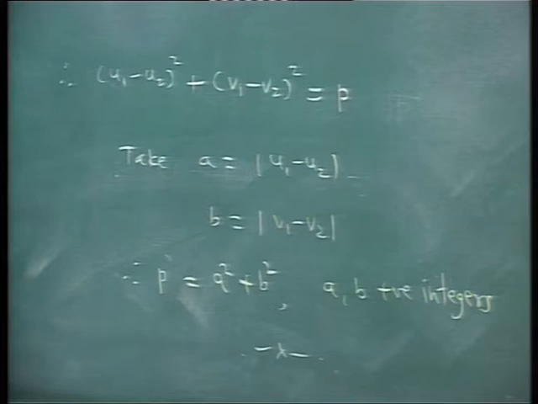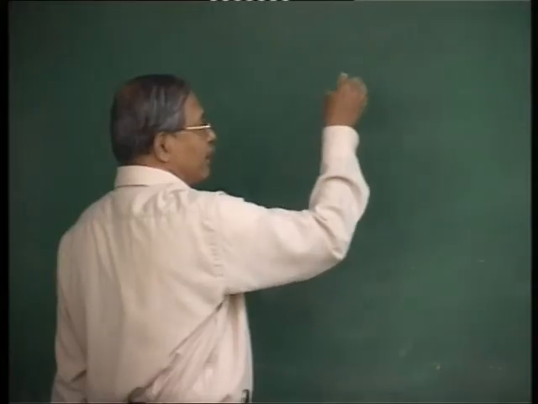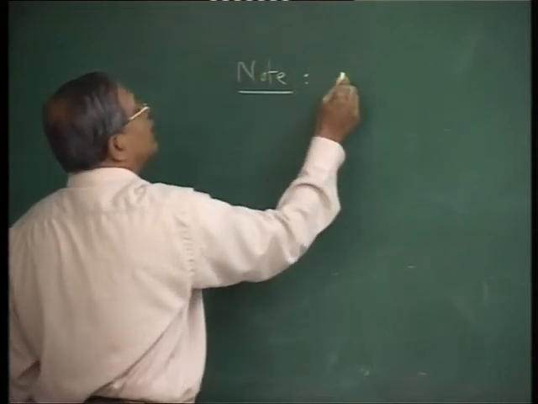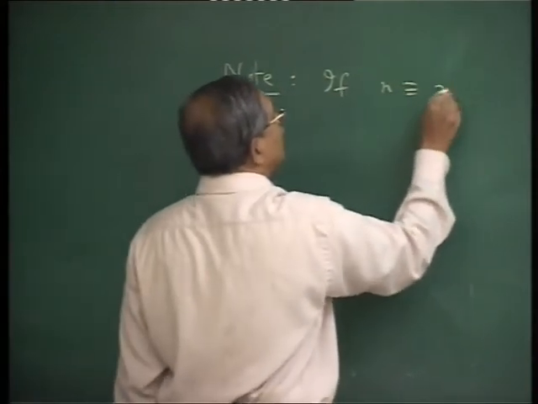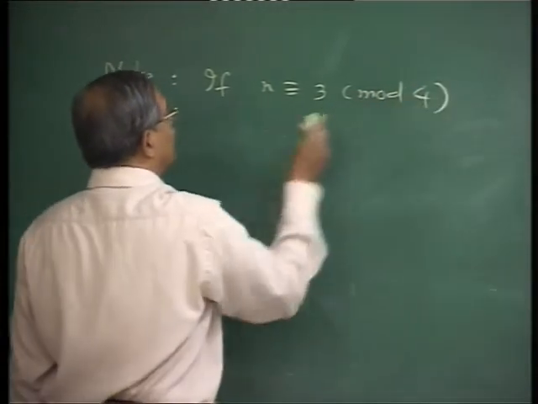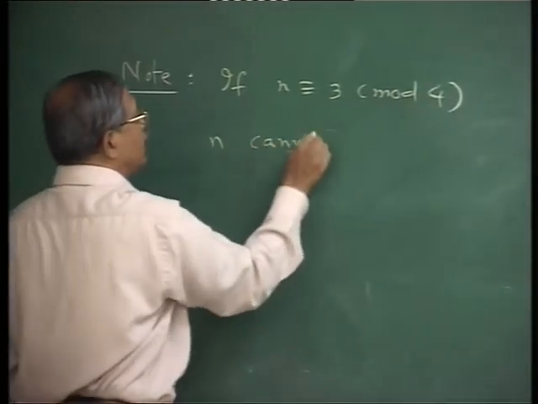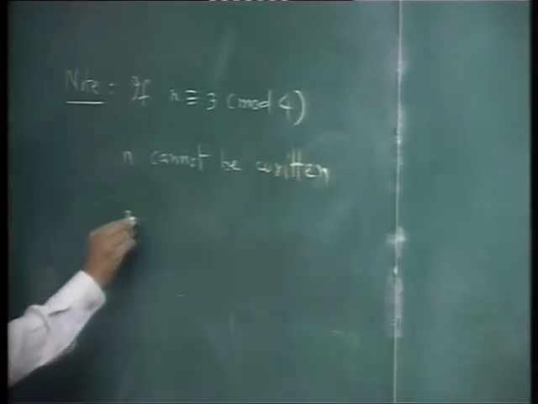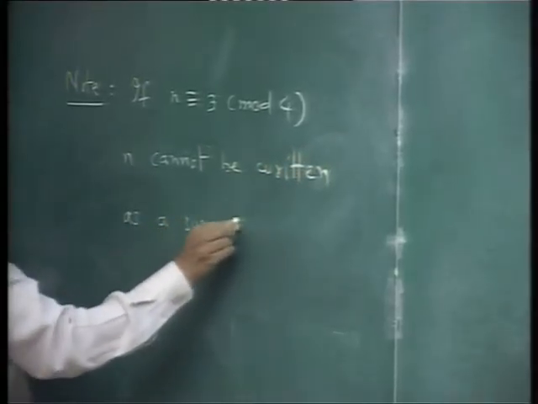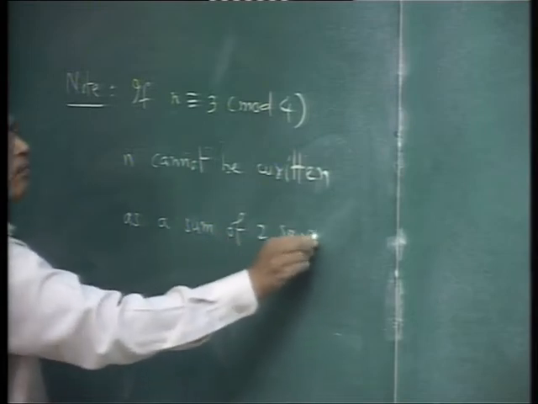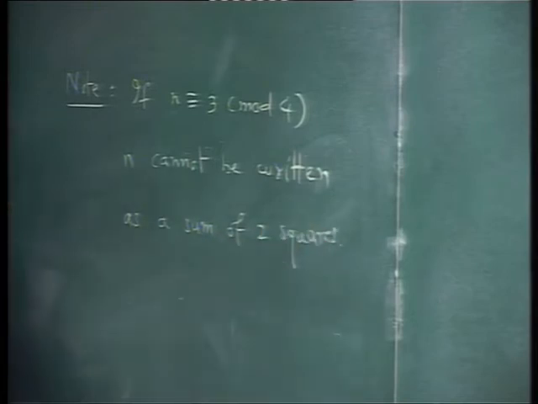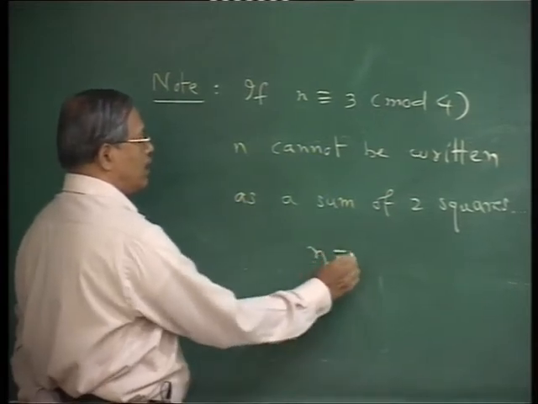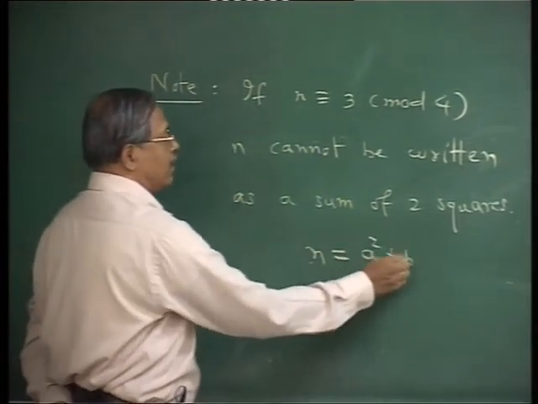And as we have noted earlier, let me recall that if n is congruent to 3 mod 4, n cannot be written as a sum of two squares. The reason for that is, you try to write n equal to a square plus b square.